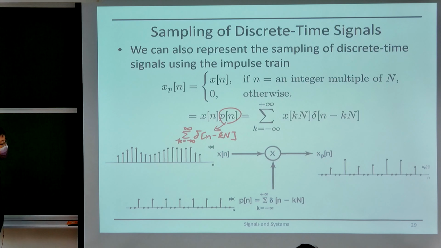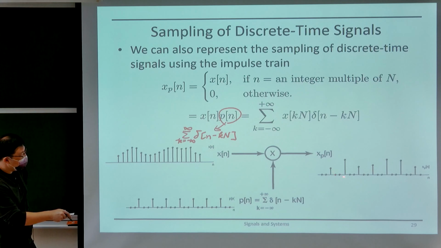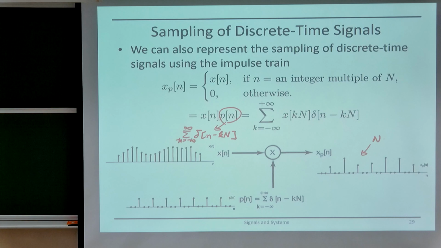So it looks something like this. Suppose this is the original x[n]. If you multiply it with this impulse train, you get only the value of this x[n] at integer multiples of capital N, which is 3 in this case. So here, N is equal to 3.